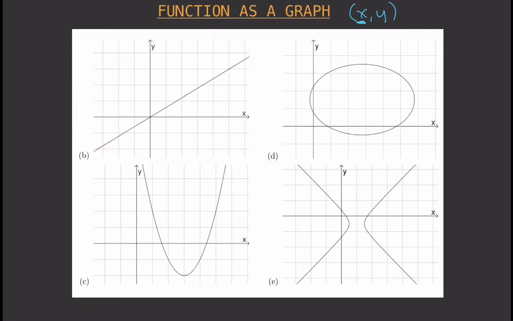If we draw a vertical line anywhere, say here or there or here or there, you will see na isa lang talagang point of intersection. Which means na yung x mo is isa lang din talaga ang partner. Okay? If this is your x, isa lang talaga ang partner niya. Okay? Right? Ito, isa lang din ang partner. So, y. So, that's the vertical line test.